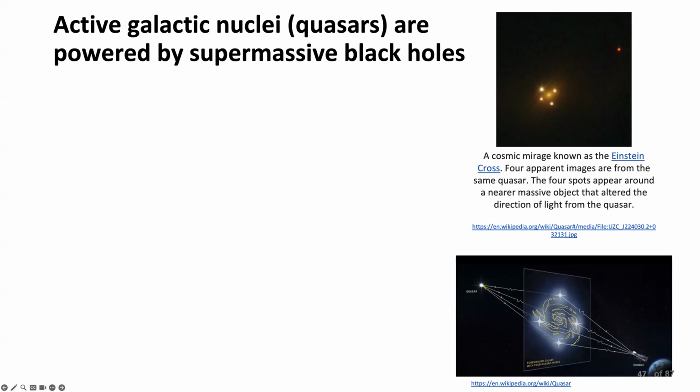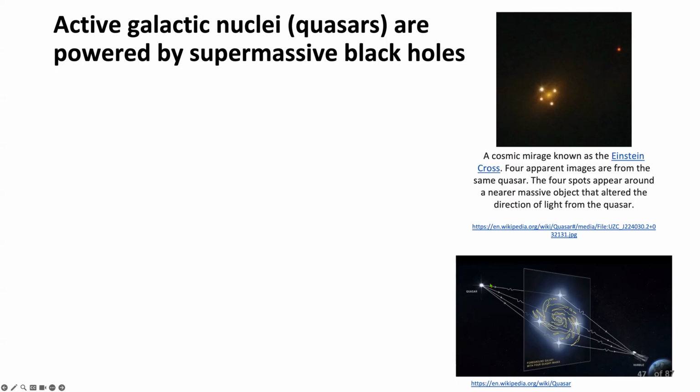And by the way, that quasar may not exist anymore. It might be so old that the black hole consumed all the fuel available for it to consume and just goes dark. And a black hole is indeed dark. You can't see it.